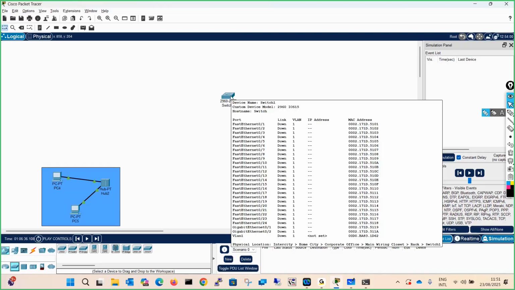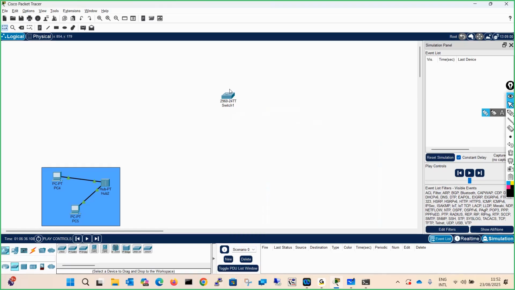If a collision is detected on one of the ports, what is going to happen? That collision will not be forwarded to another port because it is per-port collision. But when you talk about broadcast, the broadcast received on one port will be forwarded to all other ports. This is what we have discussed.